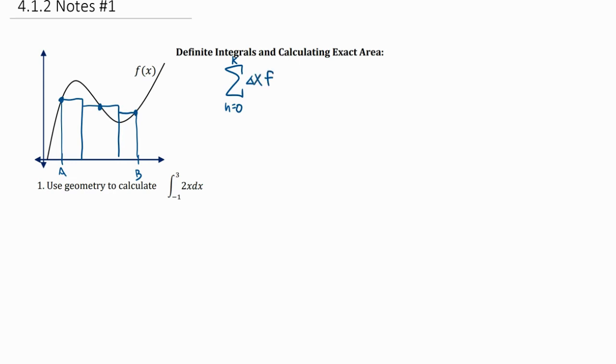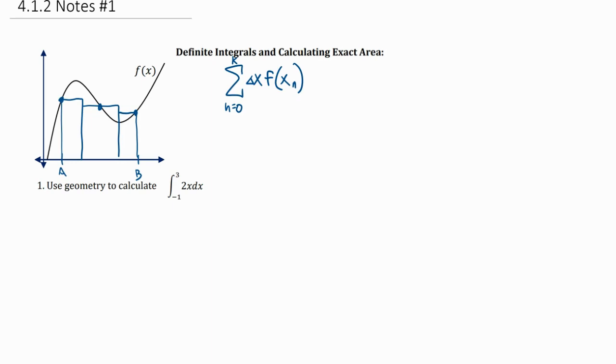And then to find the heights, we had delta x times n plus your starting value. But I'm going to just call this f of x sub n. So we've got our 0th rectangle, our first rectangle, our second rectangle, all the way until our kth, our last rectangle. Okay. So this is how we can represent it using a Riemann sum.